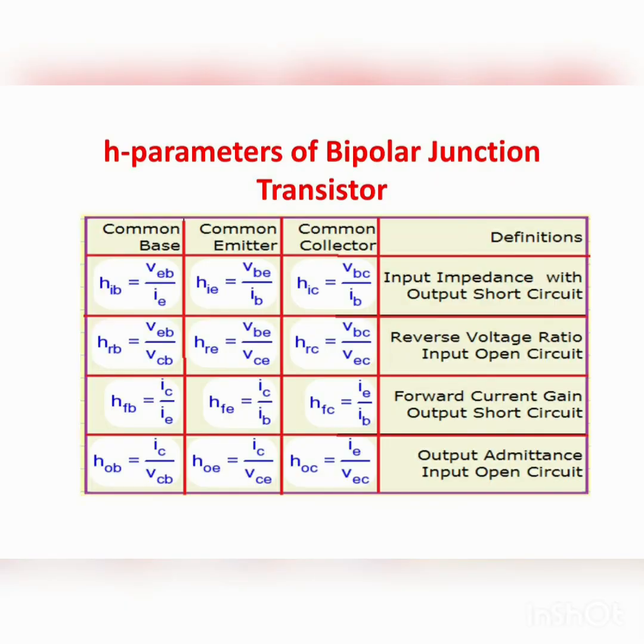Taking three different configurations of the transistor, we have the H parameters listed in the table, so we can easily go through it. For a common base it is VEB by IE, and HRB is VEB by VCB, HFB equal to IC by IE, HOB equal to IC by VCB.